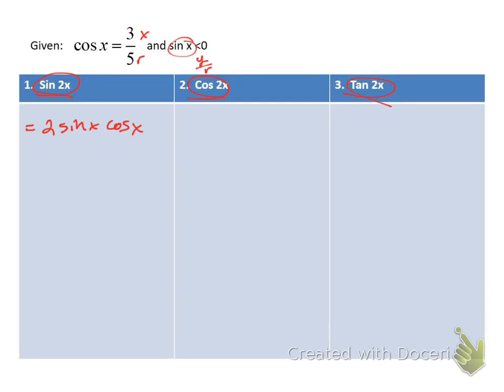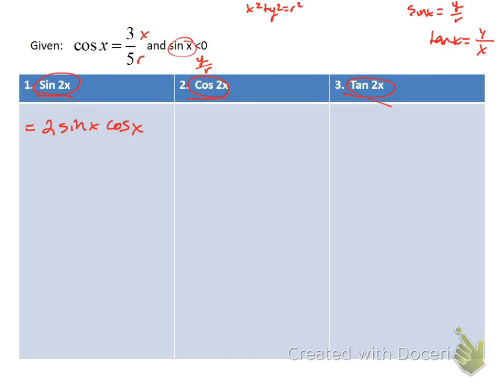And I'll write this over here: sine is y over r, and tangent is y over x. Because if we know that, then we can use the equation of a circle, x squared plus y squared equals r squared, to find all the values that we need.